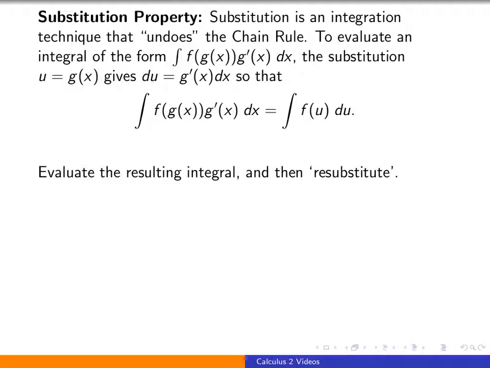What we will do is let u be g of x so that du is equal to g prime x dx. The big idea is that a substitution does not solve the integral, but it expresses the integral in terms of a hopefully simpler, easier to evaluate integral. You evaluate that resulting integral, and then you resubstitute to get back in terms of the original variable. Let's look at a few examples.